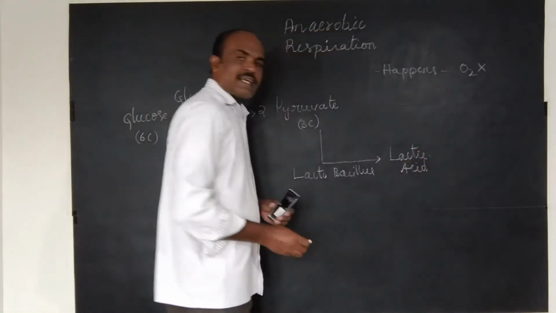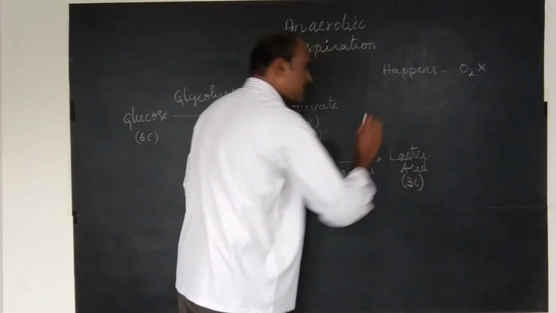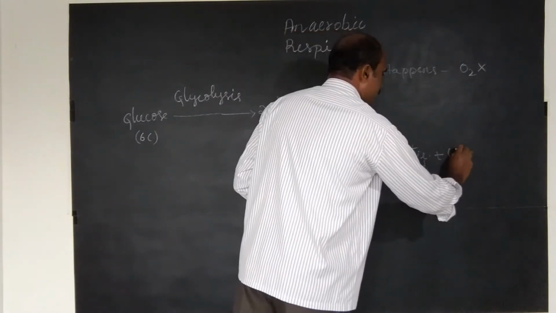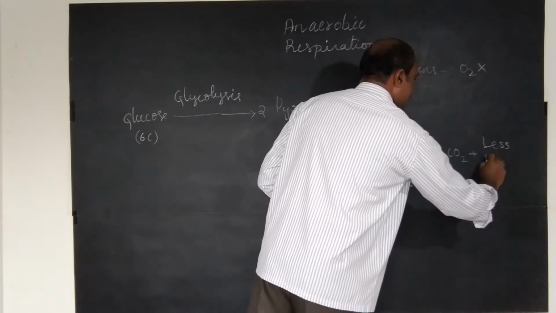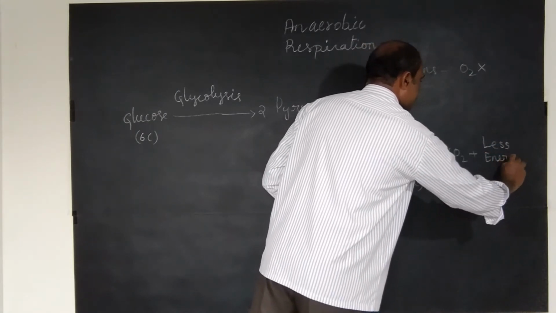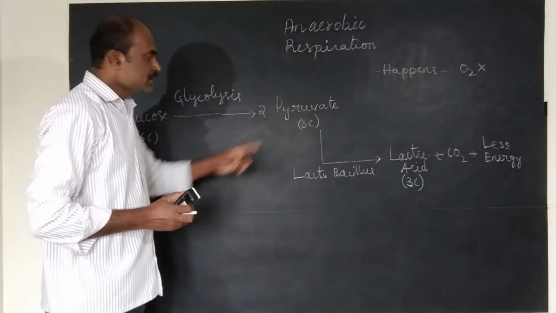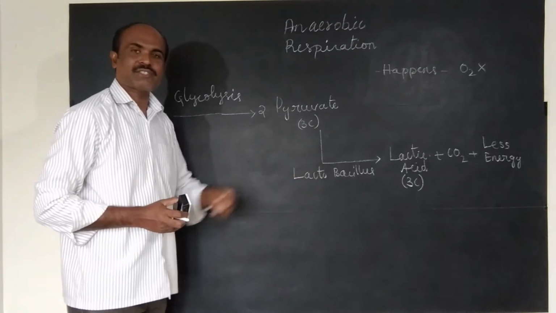This lactic acid is a 3 carbon compound. And in this process, carbon dioxide is released and less energy is also released. So this happens only in the presence of lactobacillus bacteria.